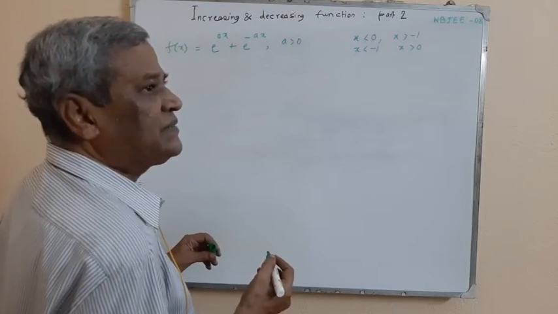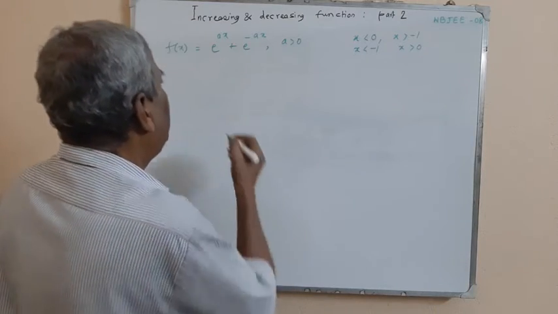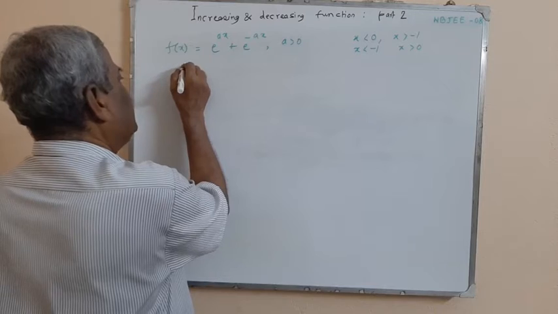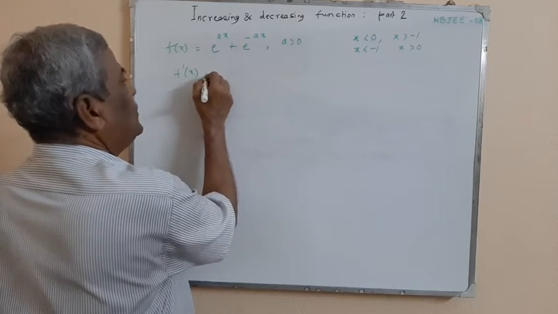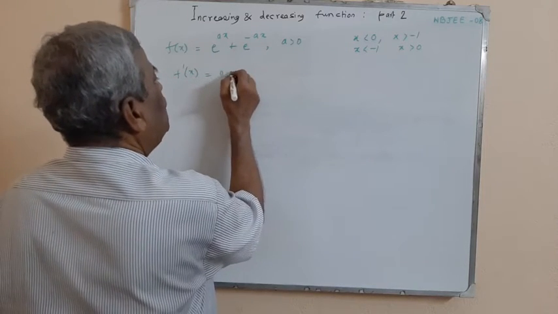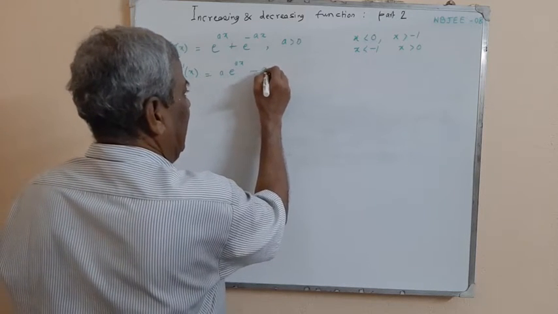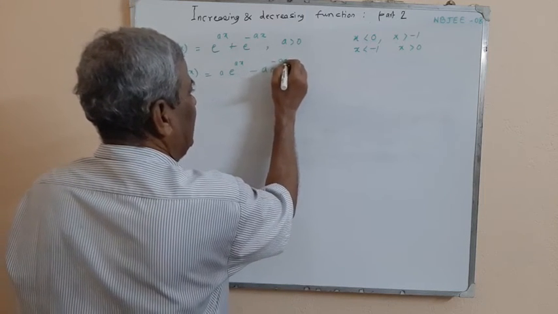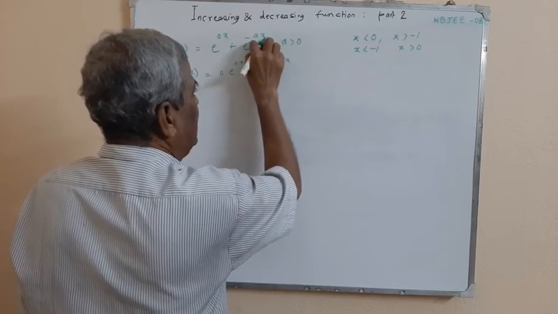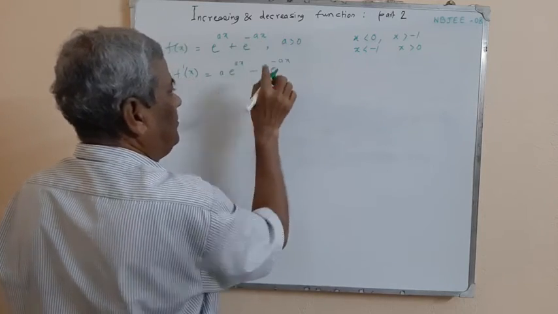For that purpose, we have to differentiate. f dash x is equal to a into e to the power ax minus a into e to the power minus ax, because its derivative is minus a.